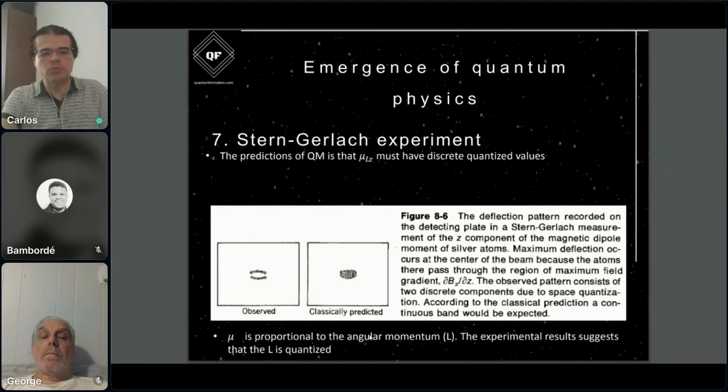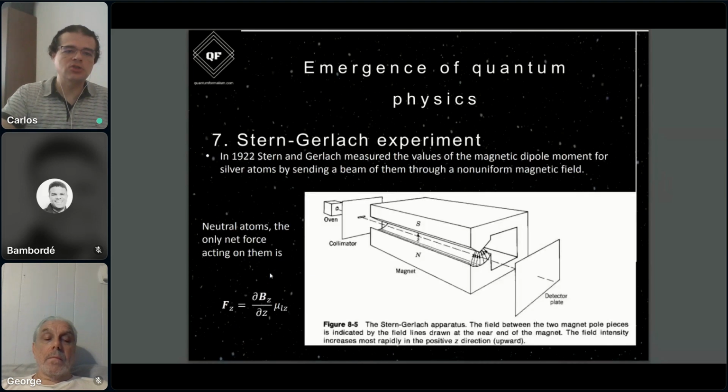And since mu is proportional to angular momentum, the experimental result suggests that L is quantized. So the angular momentum is quantized. Okay? That's one of Bohr's postulates, right? Okay, so this is what Stern and Gerlach found in '22.